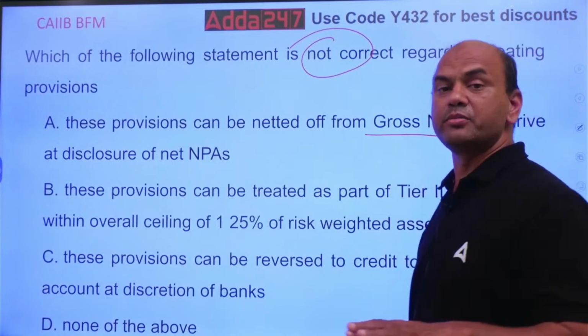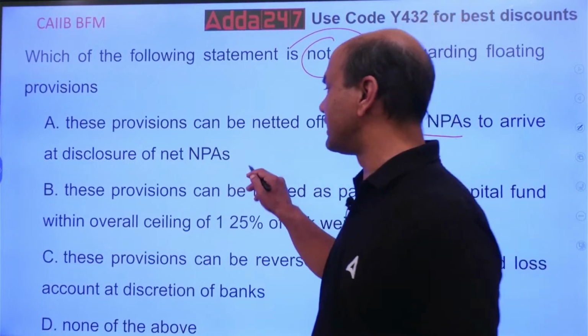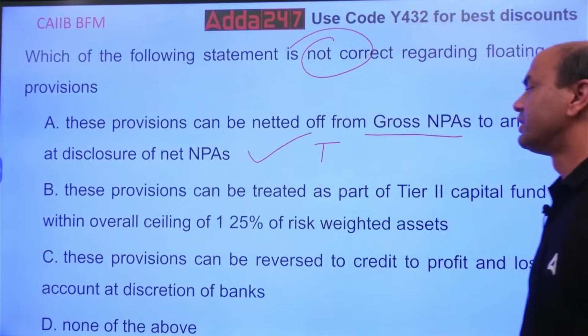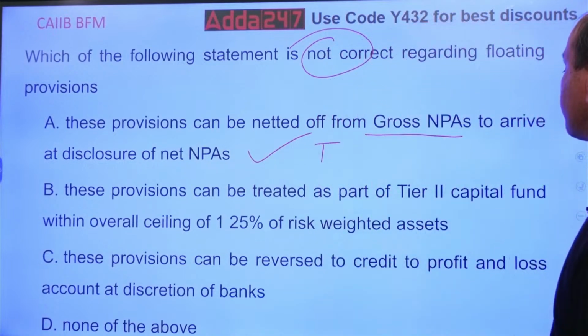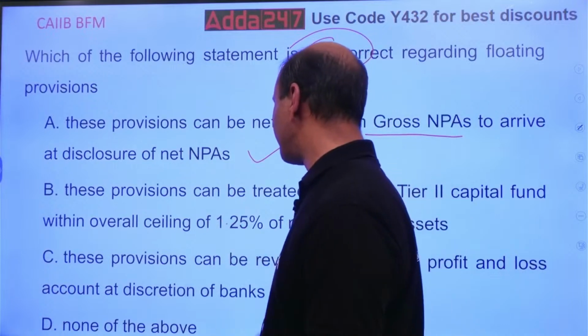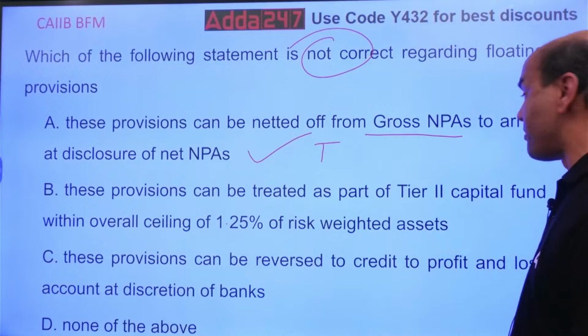Whatever can be netted off means subtracted, removed from the gross NPA to arrive at the net NPA. True. These provisions can be treated as a part of Tier 2 capital with an overall ceiling of, I think, 1.25% of the risk-weighted assets. That is also true.